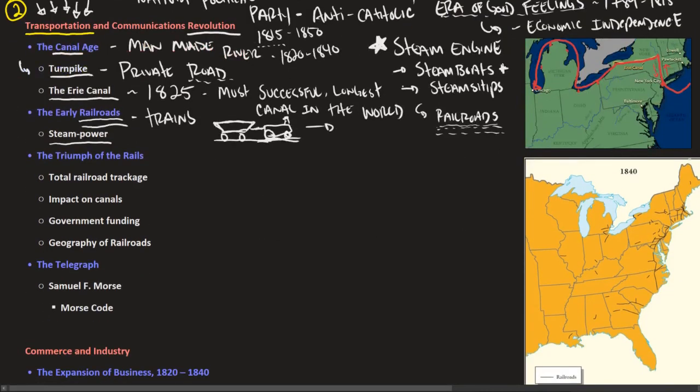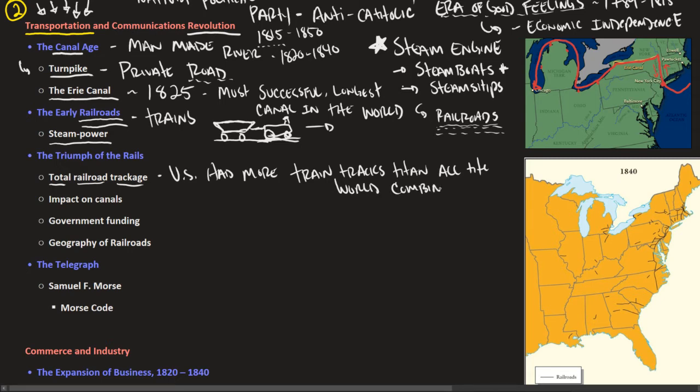By the Civil War, in terms of just total railroad mileage, the U.S. had more, we'll call them train tracks, than all the world combined.